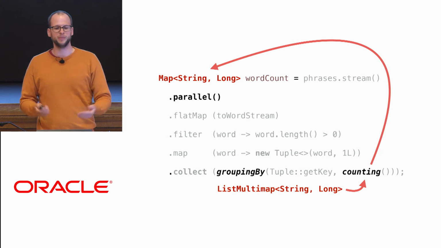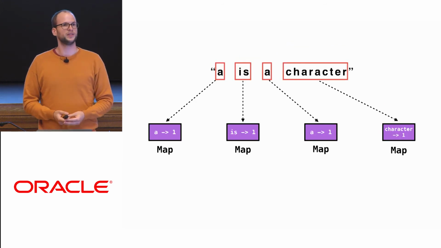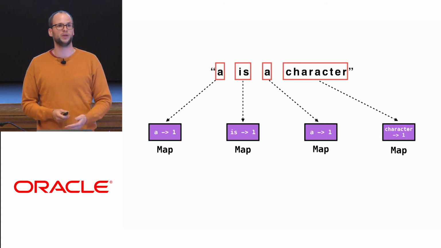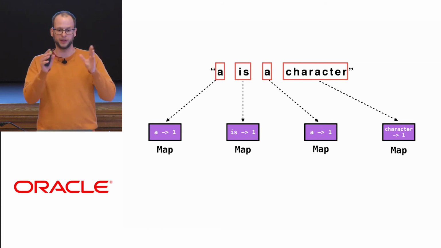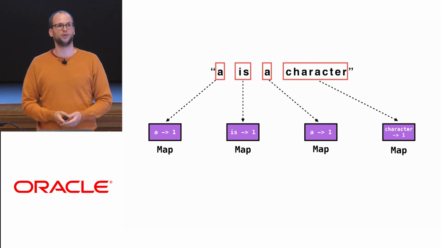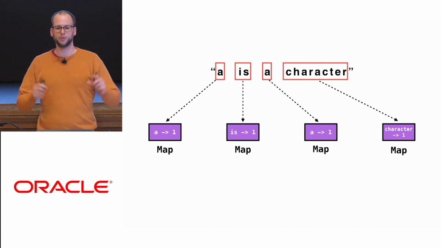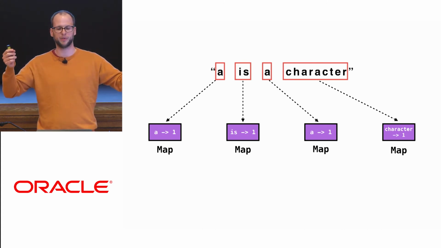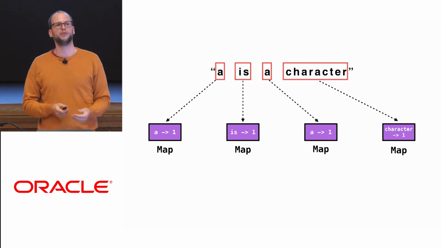Let's do that a bit more visually. Let's assume our input stream, where A is a character, has twice the word A in it. Let's assume we are now processing that on 4 different threads in parallel. We would map the tuples on these threads and essentially get maps with singleton entries, so just 1 entry per map.